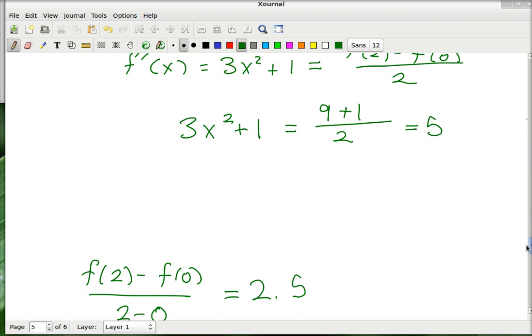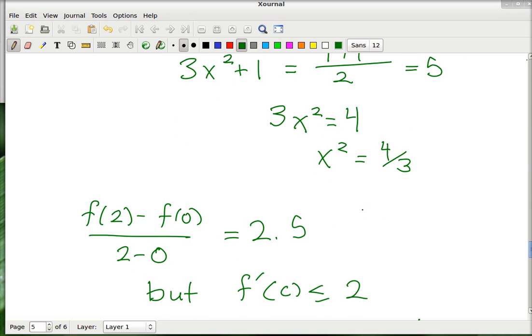Okay, now solve this equation. And what happens? You get x squared is equal to, maybe I'll leave this 3 here, becomes 4, right? I took 1 away from both sides, and now x squared is equal to 4/3. And finally, x is equal to plus or minus 2 over the square root of 3.